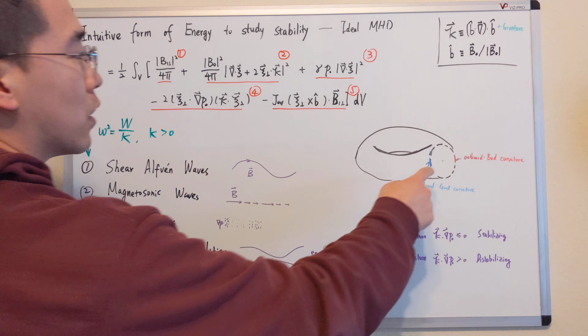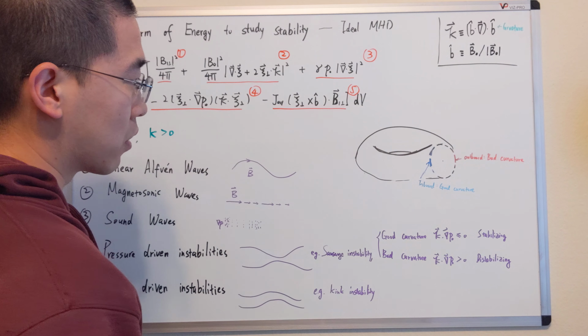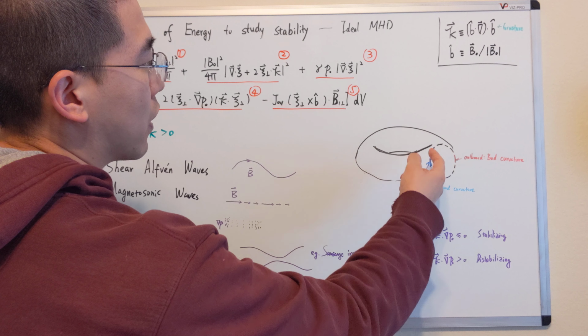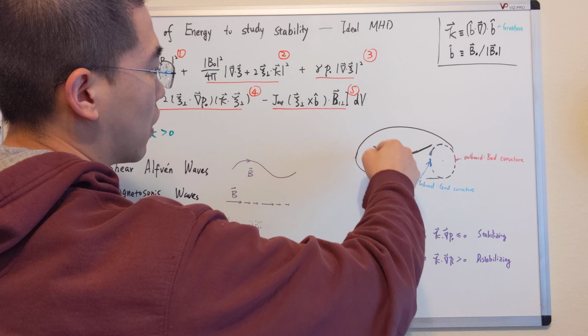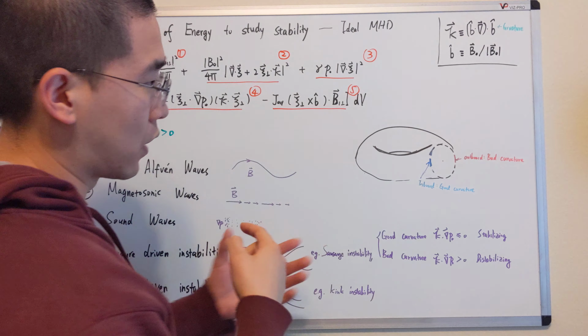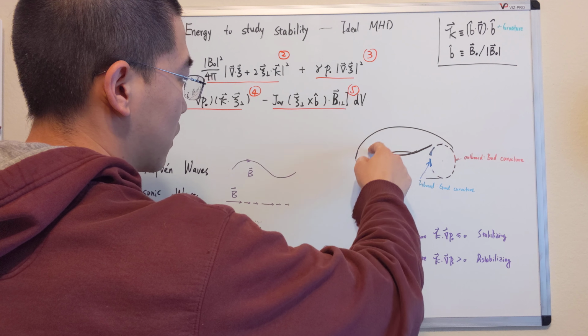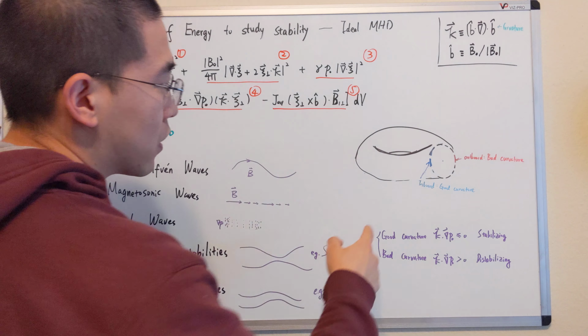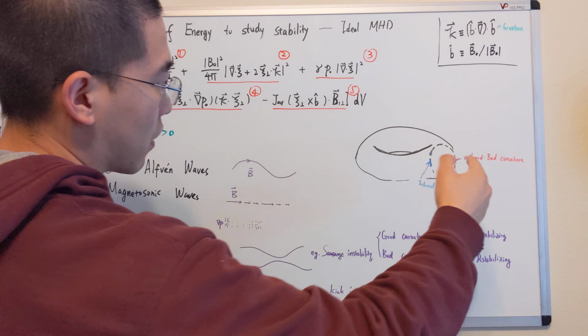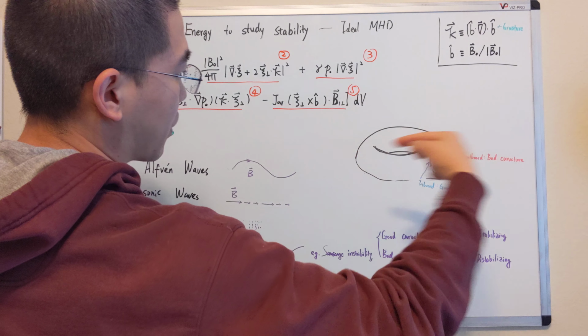If we put this into the aspect of a torus, then if the magnetic field is going along the inside of the donut, then the curvature is of course going this way.